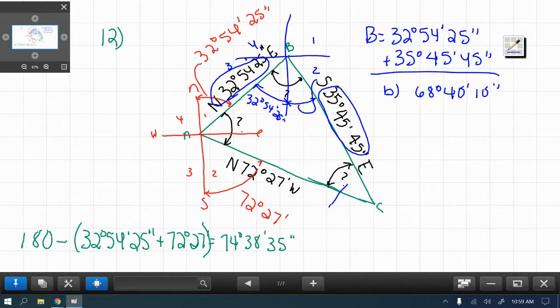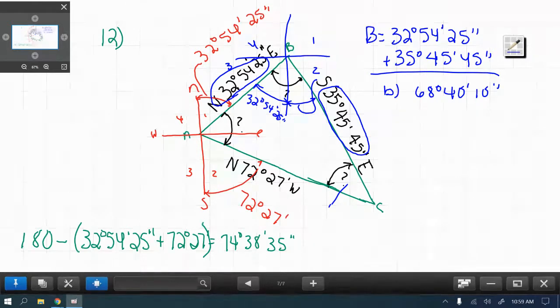If they're in quadrant 2 and 3, you just add them together. If they're in 1 and 4, you just add them together. If they're in 1 and 2, you add them together and subtract 180. If they're in 3 and 4, you would add them together and subtract from 180.